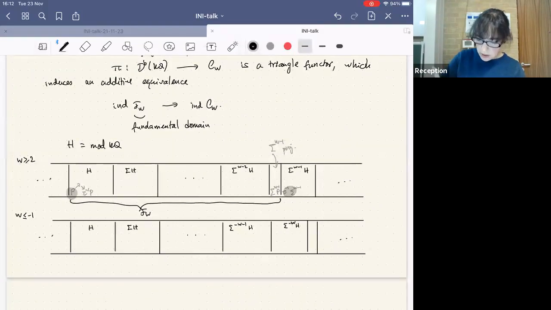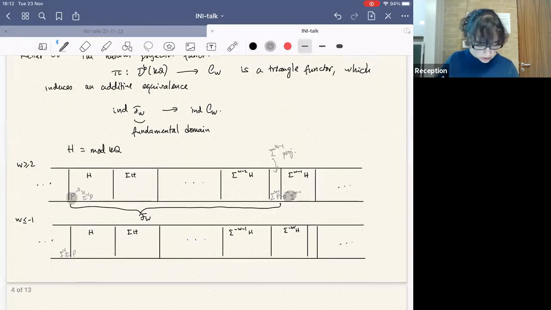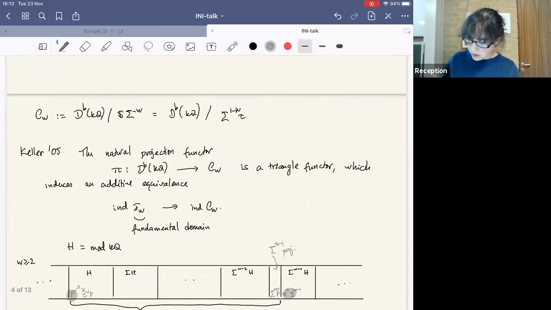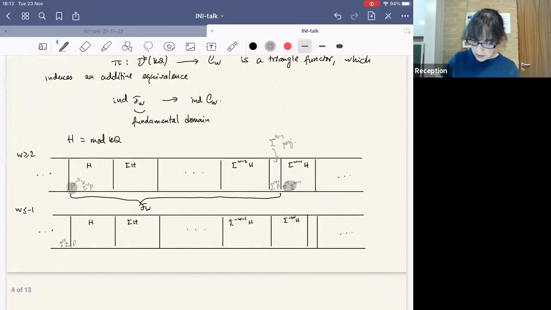if you do the same, you take a projective here, well, now take tau, this is shift minus 1 of some injective, and then you do shift 1 minus W of that. This puts you here.